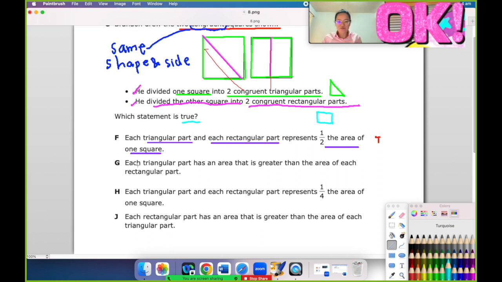Each triangular part has an area that is greater than the area of each rectangular part. No, I don't think that. I think it's equal. So this one is incorrect. It's false. Go to the next one.